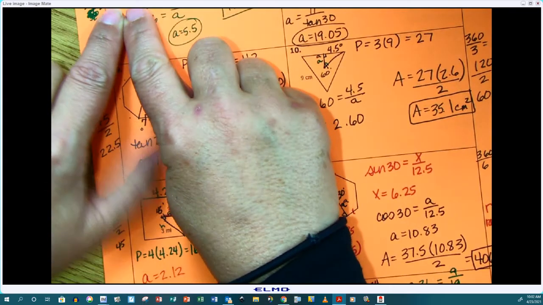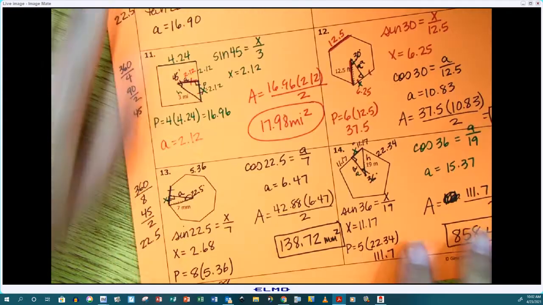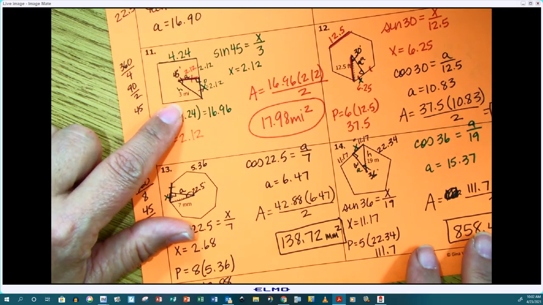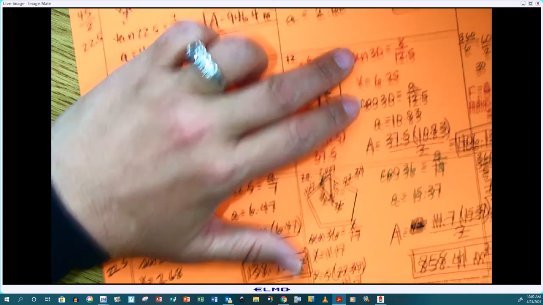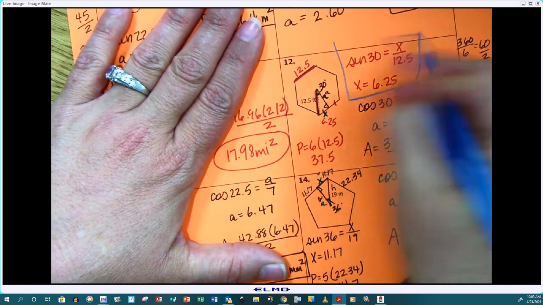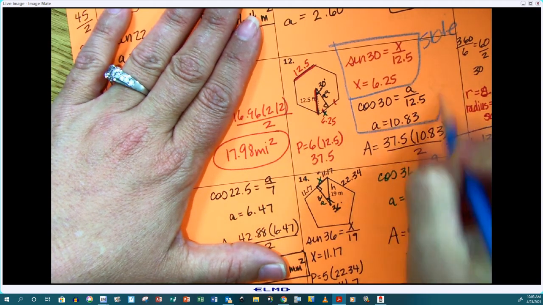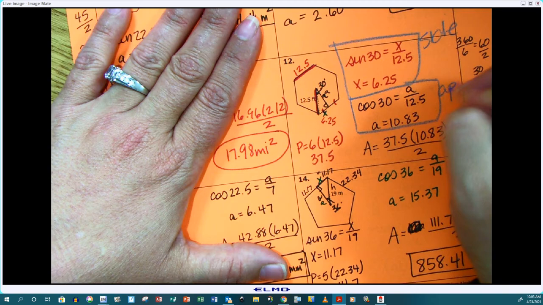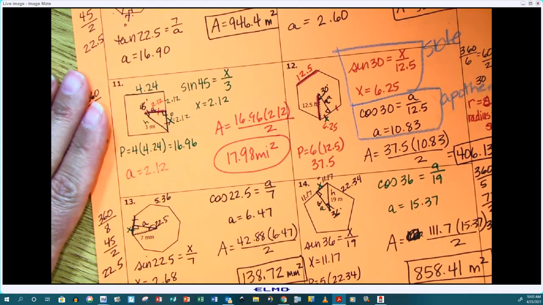If you know the side, find your apothem by doing tangent. If you only know the radius, then you're going to need to do sine and cosine to get the apothem and the side. So maybe make note here that this is to find the side, this is to find the apothem. So sine for the side, cosine for the apothem, because it was the same way every single time, okay?